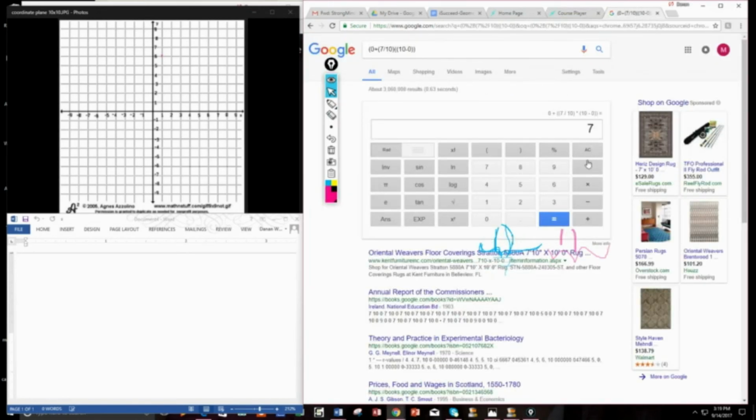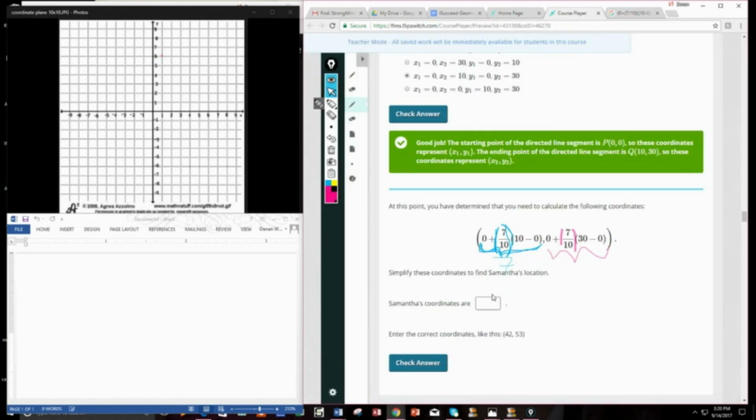So 0 plus parentheses 7 divided by 10 close parentheses times parentheses, that was 30, 30 minus 0. That's going to give us 21. So the coordinates are going to be 7 and 21.